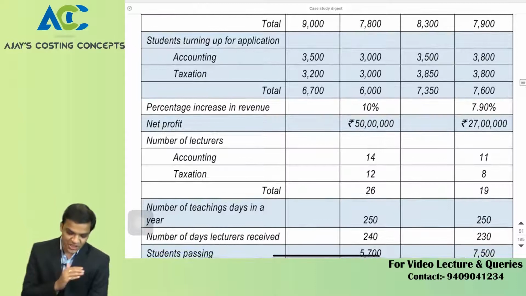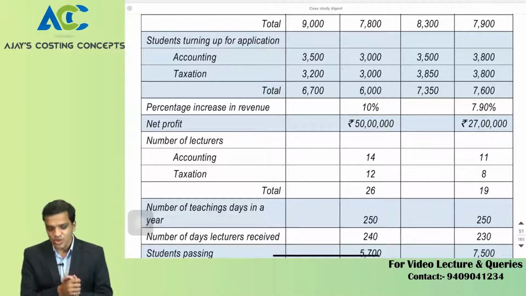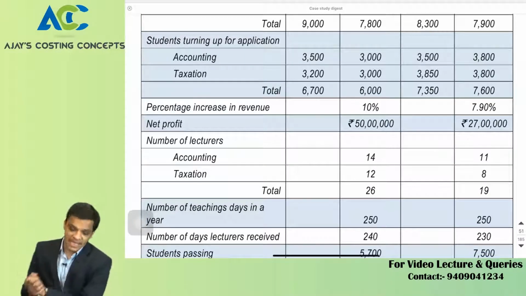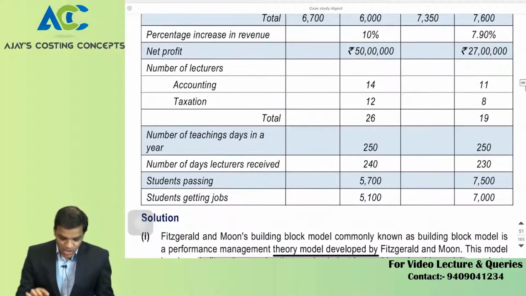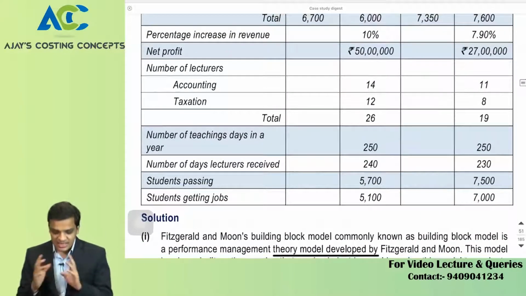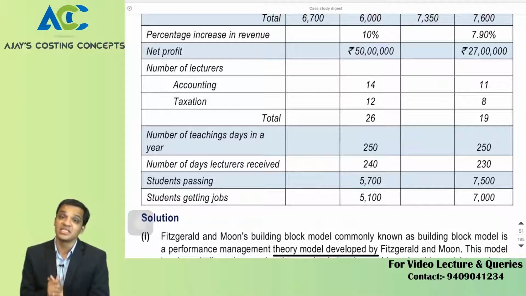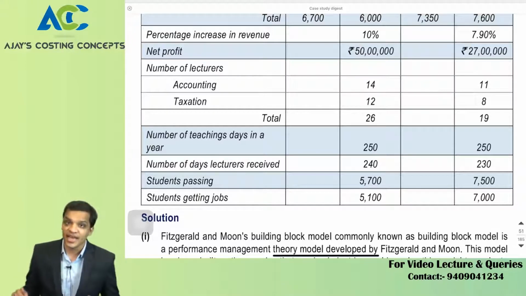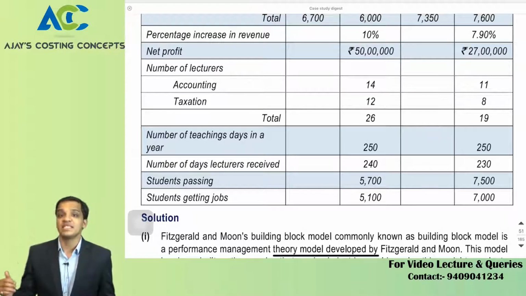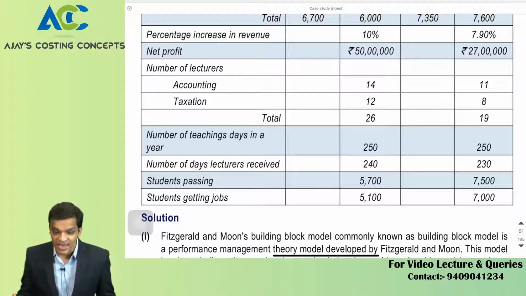The number of lectures in DCC is higher than HCI. The number of teaching days is the same. The number of lectures received is again better in DCC. Students passing are higher in HCI.